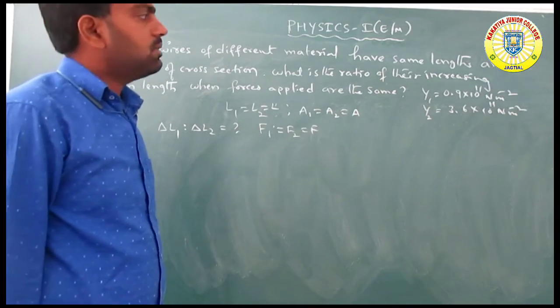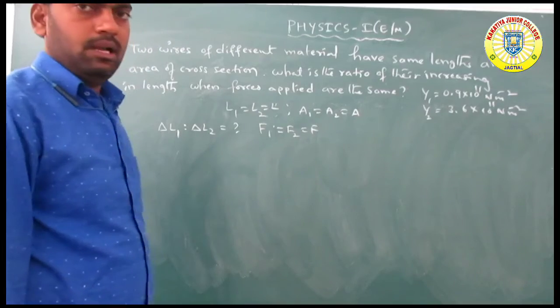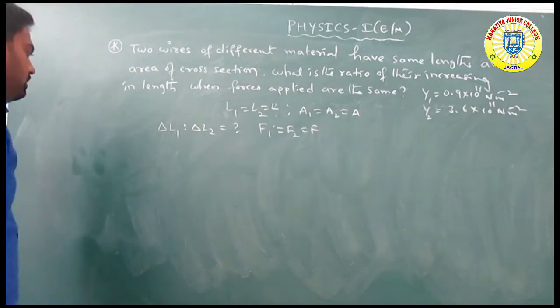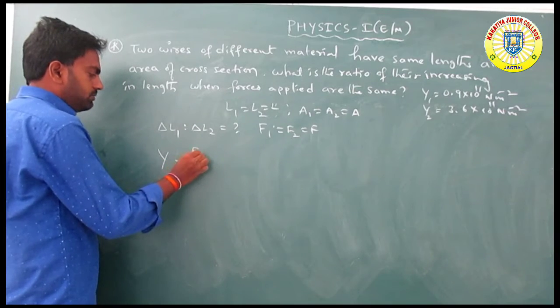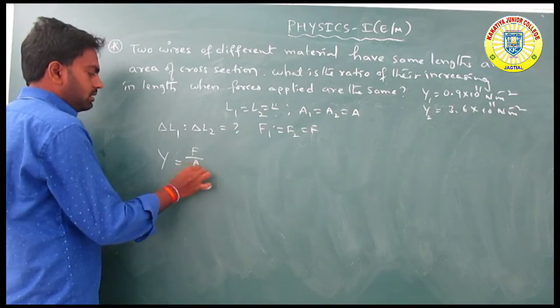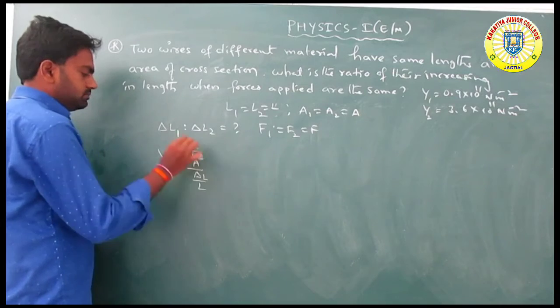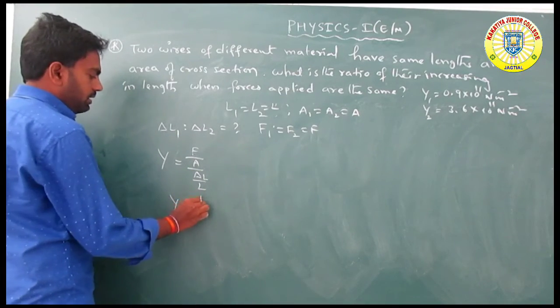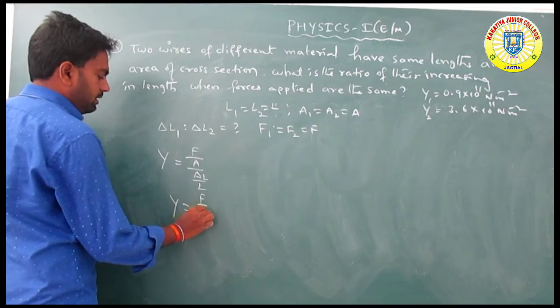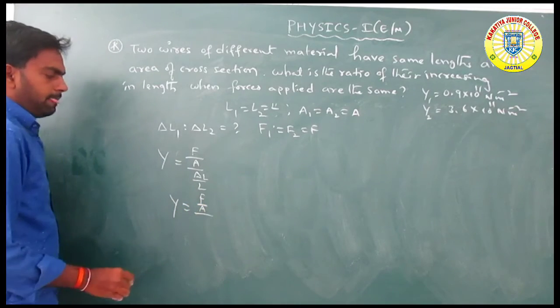So Y2 is equal to 3.6 × 10^11. Got it. So now according to the formula, Young modulus Y is equal to (F by A) divided by (delta L by L).